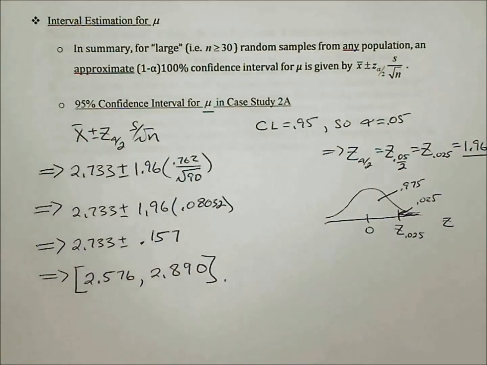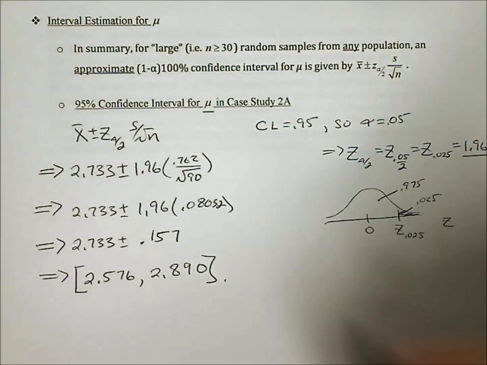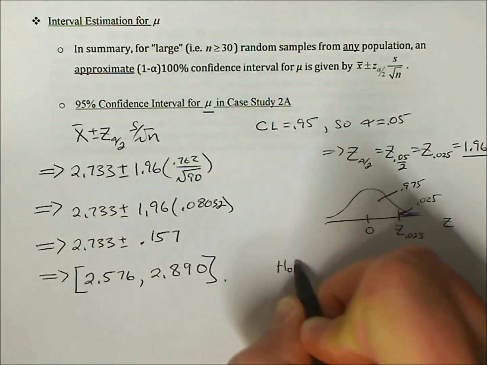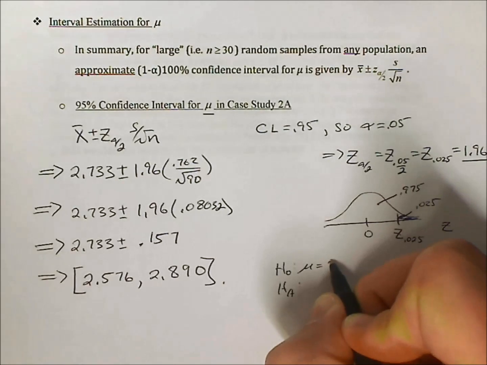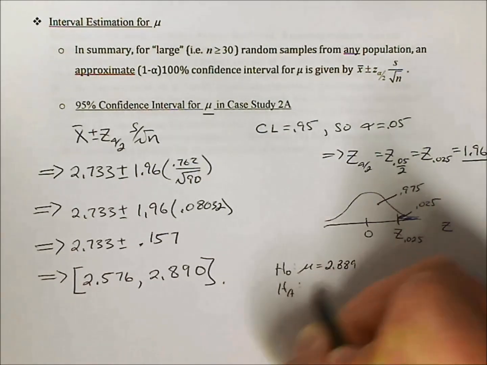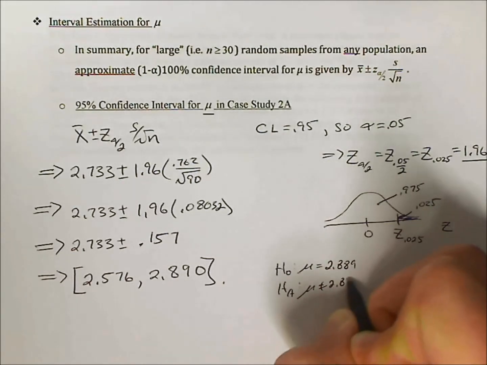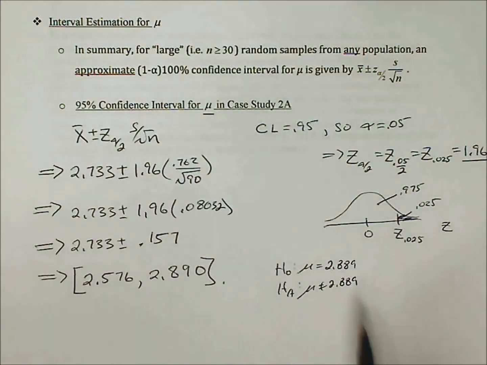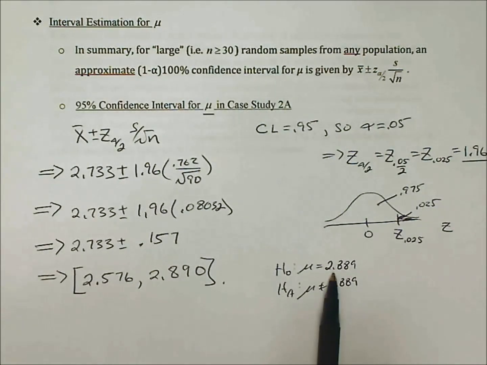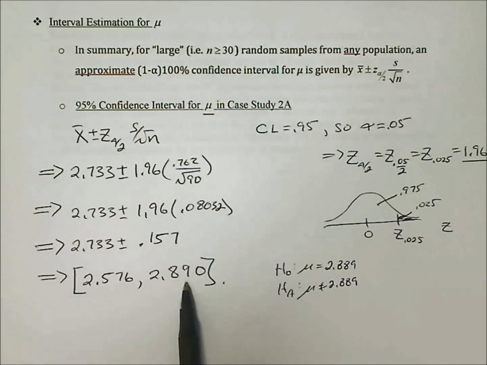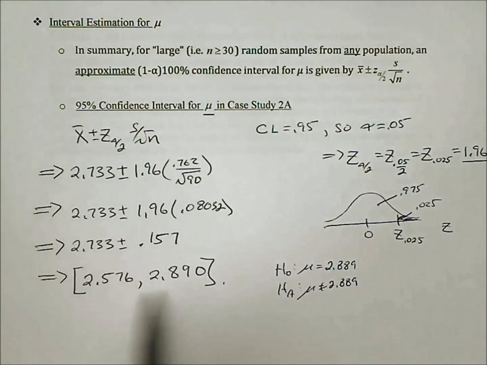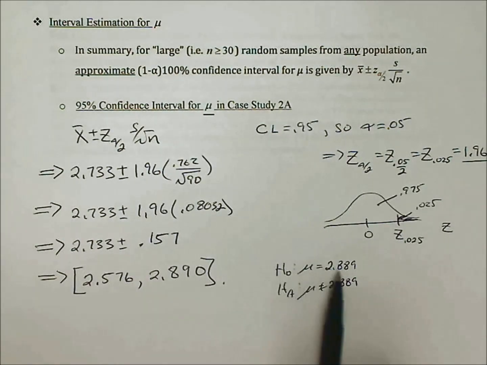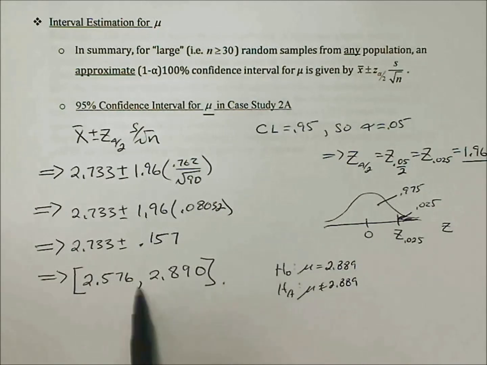And if you look at it, you recall what H naught and HA were for our hypothesis test: mu is 2.889 versus mu is not equal to 2.889. So this value of mu under the null is just barely inside this interval, just barely under the right limit. And so according to this interval, is 2.889 a plausible value of mu?